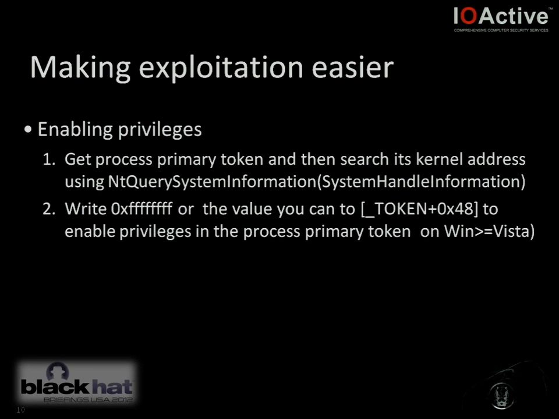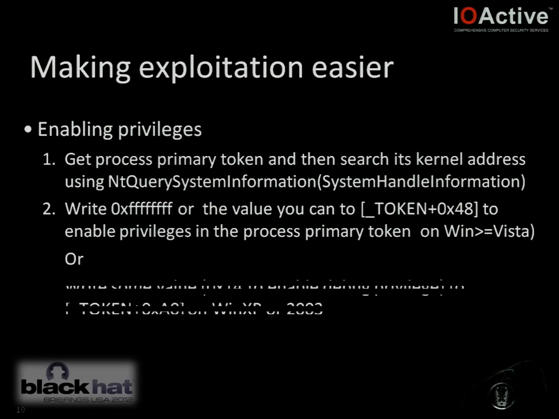If we can control what to write, we just write, for instance, on Windows Vista, FFFFF, which in binary is 1111, and we enable all the privileges. Instantly, we get all the privileges enabled after just one write.